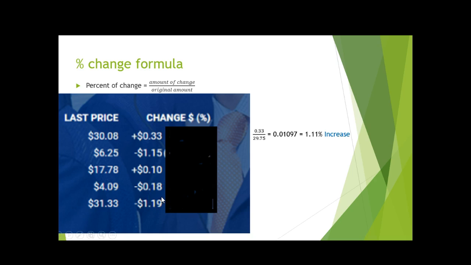When we do that, this is how we would plug in our information. 29.75 is 30.08 minus that much, which is 0.01097. When I move the decimal place twice to turn it into a percent, and then round, it's 1.11%.